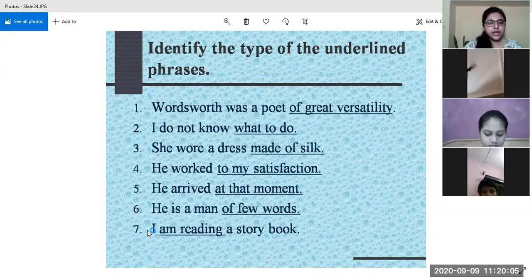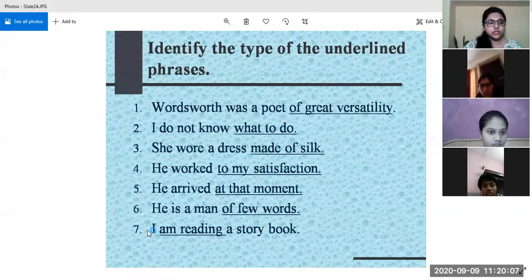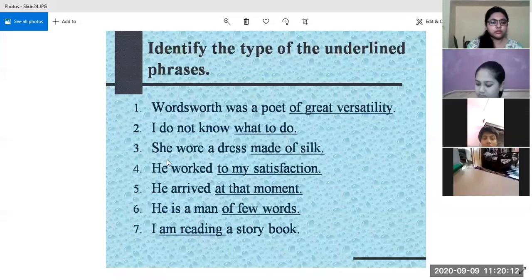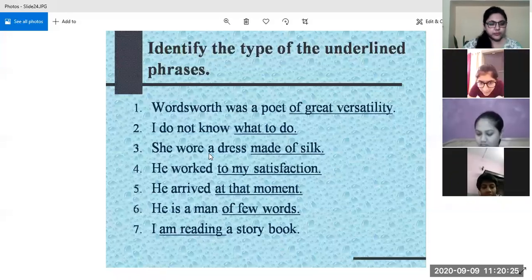Next, he arrived at that moment. Who can give the answer to this one? Yes, Priyanshi. Noun phrase. He has arrived at that moment. Is that a noun phrase?